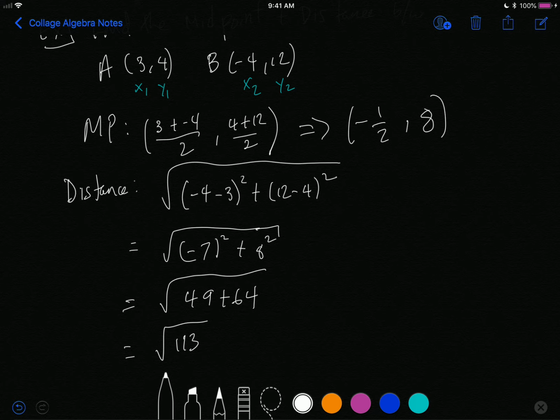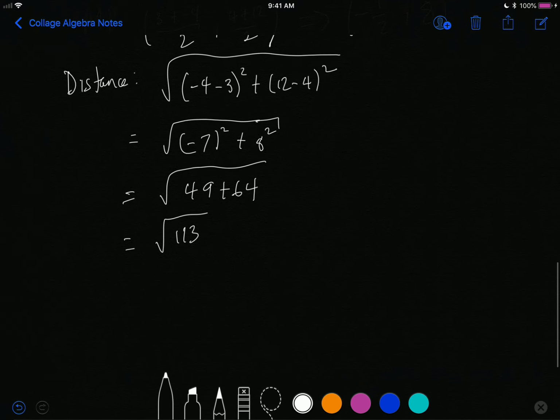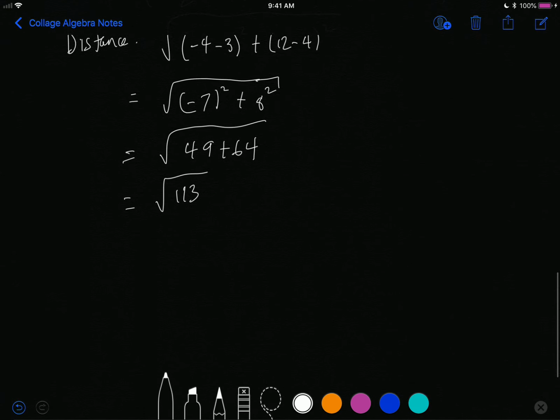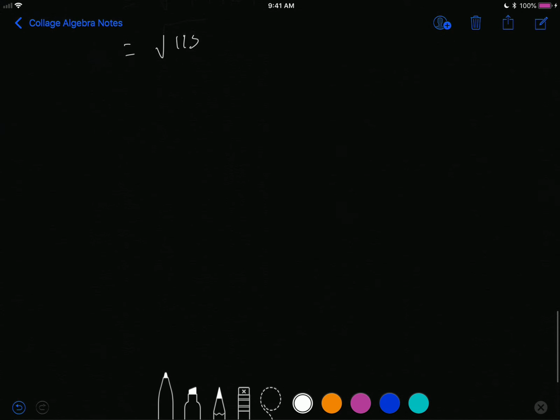Most of the time the distance will be a radical, and so it's important to remember how to reduce radicals. In this case right here, 113 is prime, so it does not reduce. But let's say I want to simplify the square root of 24.